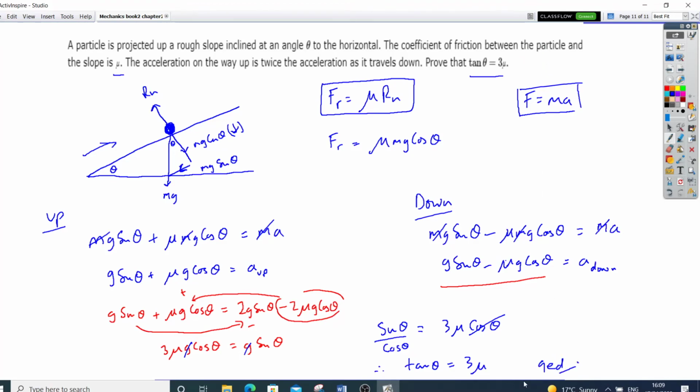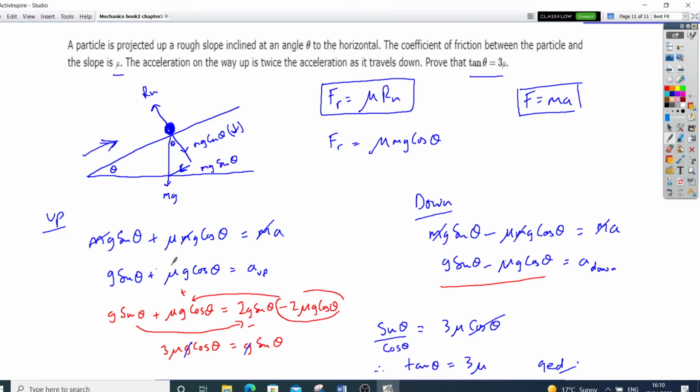That's required. It's all about looking at the motions and seeing how they're going. In this case, when the particle was projected upwards, the friction was added to the forces, because it was going against the motion.